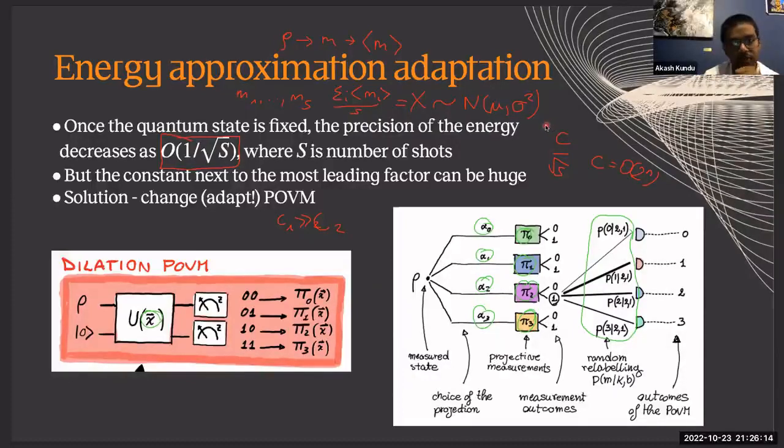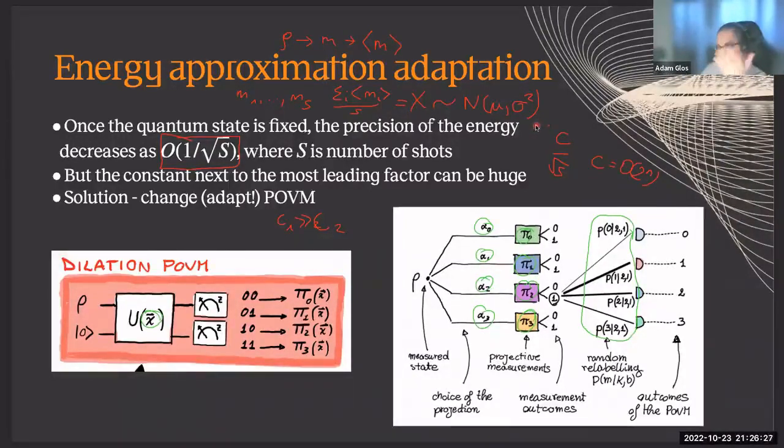Typically, because of this uncertainty principle, you would need exponentially many different bases in order to compute the quantum state. However, this was the problem here. So I'm not sure if I can give the honest answer right now.